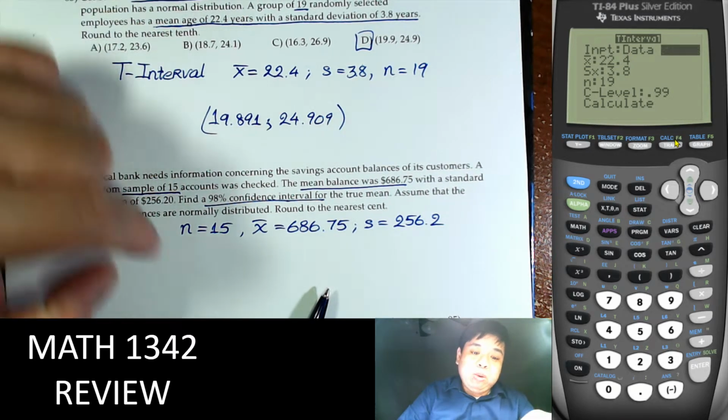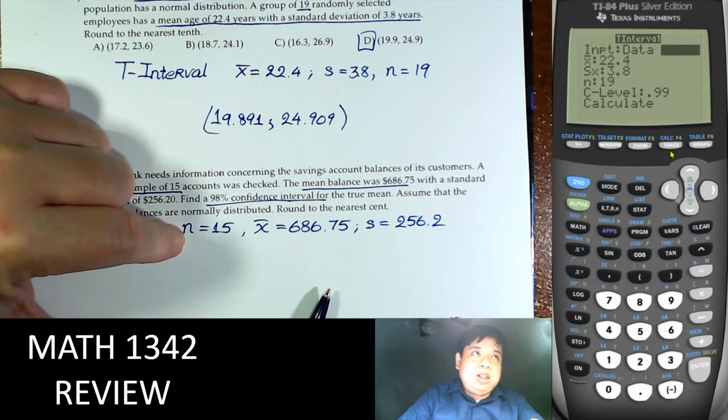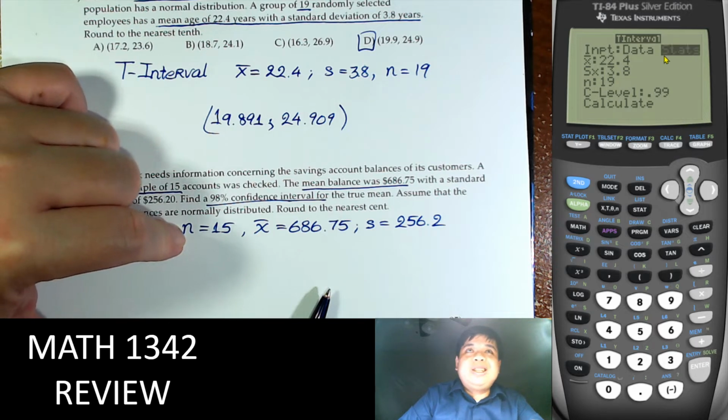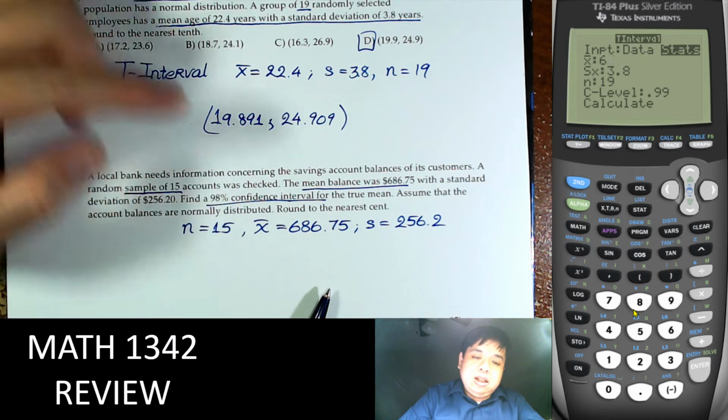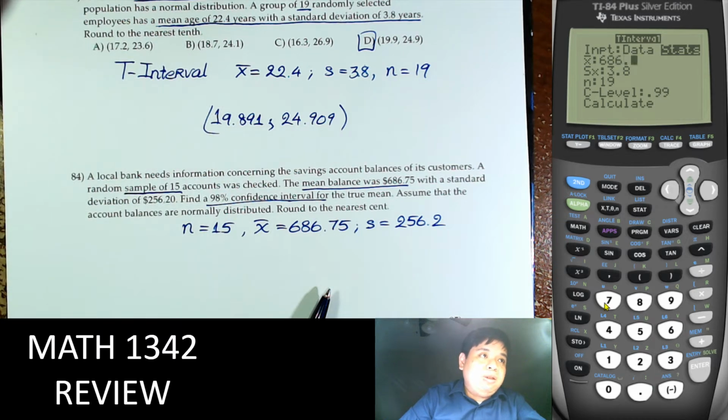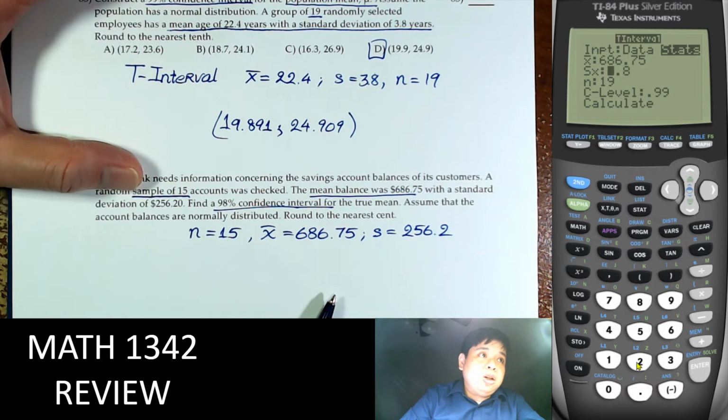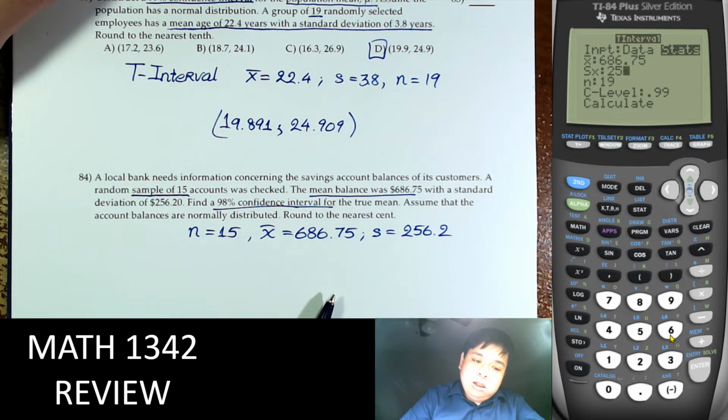Once again we are given the information of the sample, so we use stat here. 686.75, standard deviation 256.2, and n equal to 15, and we want a 98% confidence interval.